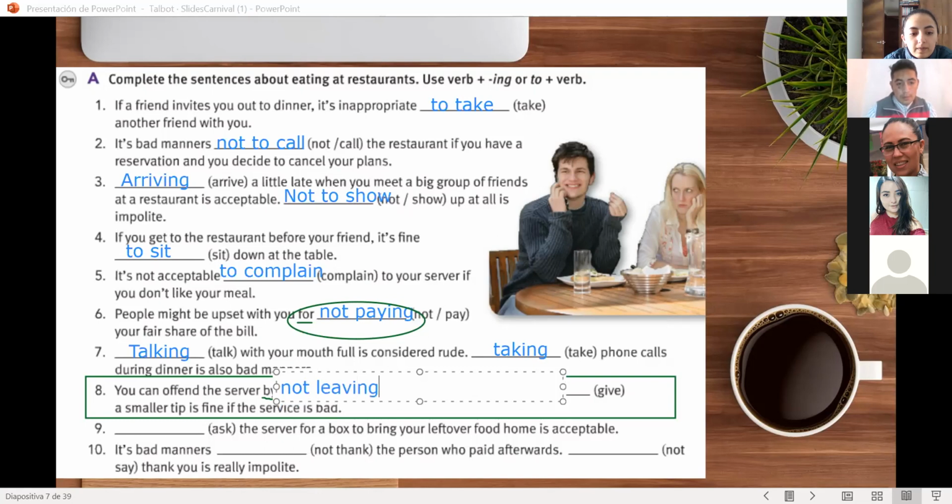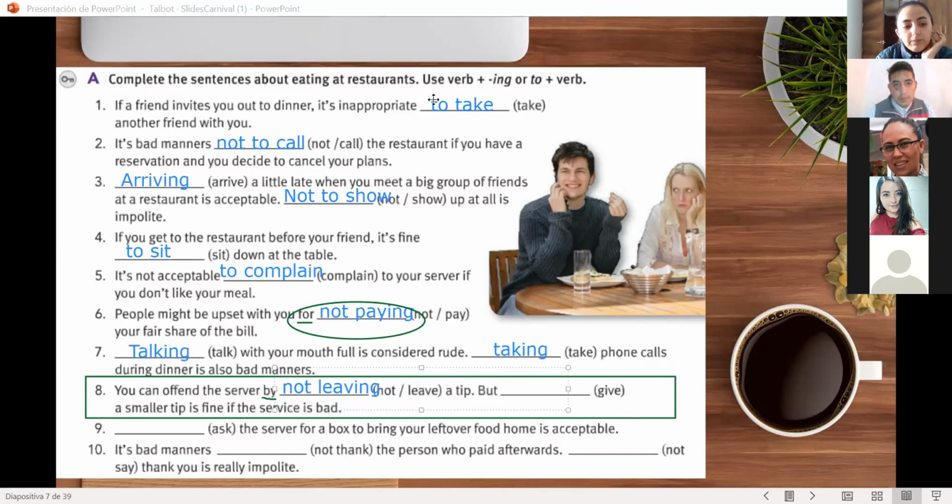But giving a small tip is fine if the service is bad. Ojo que igual tenemos ahí la preposición but. ¿Cómo iría el verbo entonces? Si tienes preposiciones como by, for, bueno, no to, pero by and for. Sería giving. Giving, ajá.